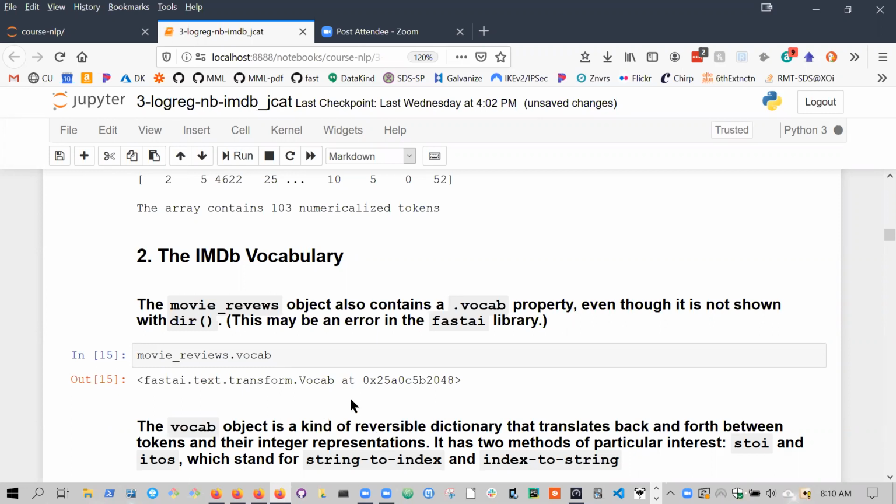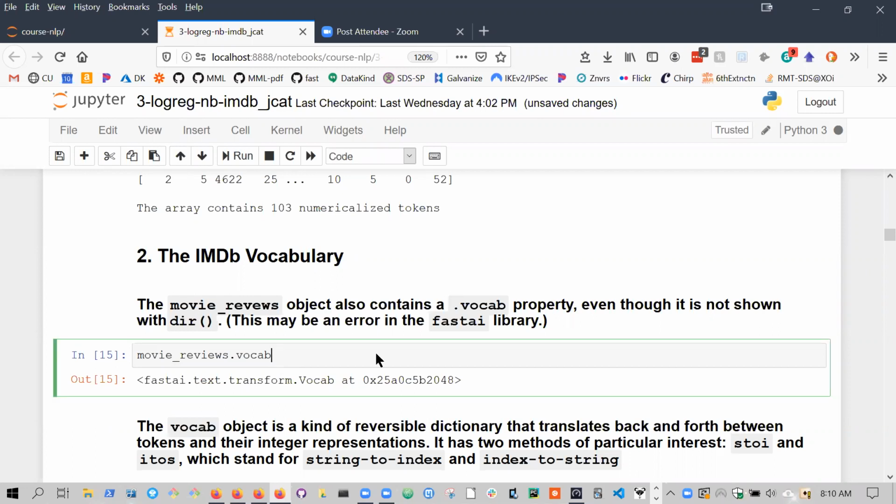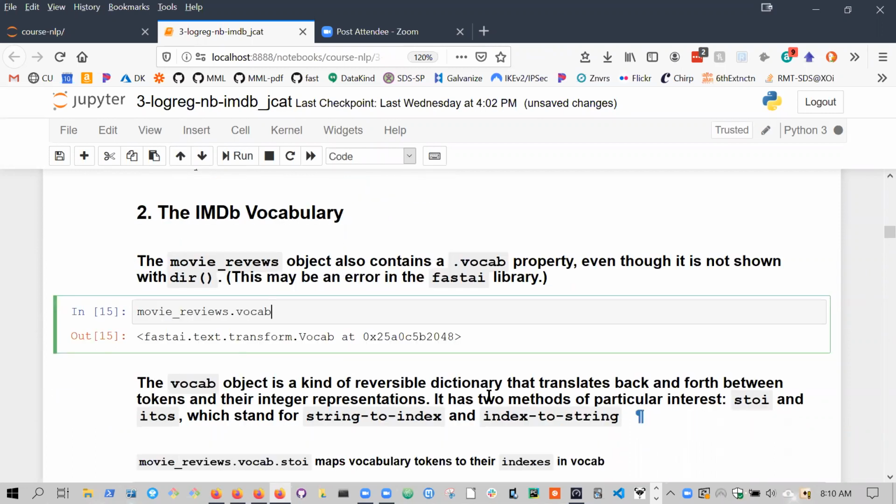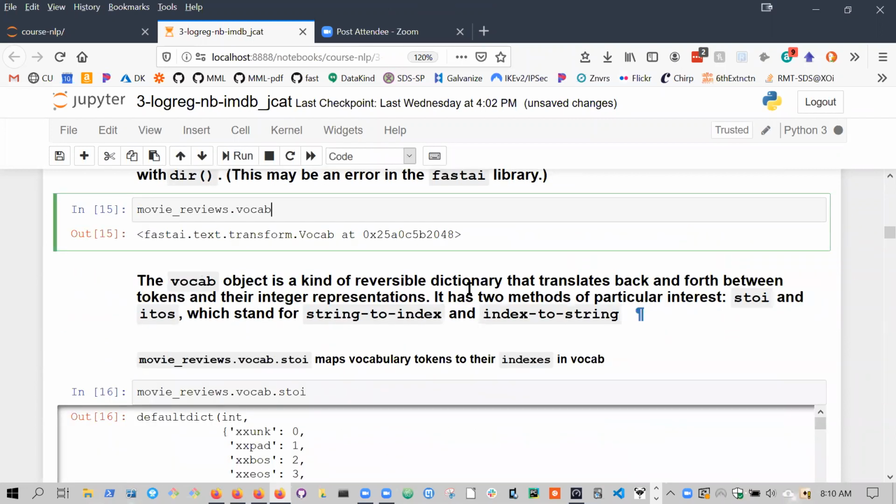But anyway, when you look at this vocabulary object, you see that it's its own kind of object. It's a kind of reversible dictionary that translates back and forth between tokens and their integer representations. Remember that tokens are parts of words. There might be a whole word, it might be a part of a word, like isn't would sometimes be divided up into is and n't.